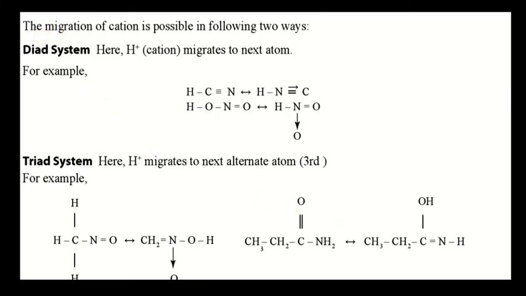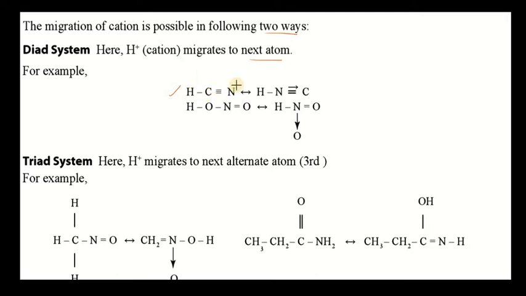The migration of cation is possible in the following two ways. Diad system. Here H plus cation migrates to the next atom. So here you see an example. This is a carbon-nitrogen triple bond.